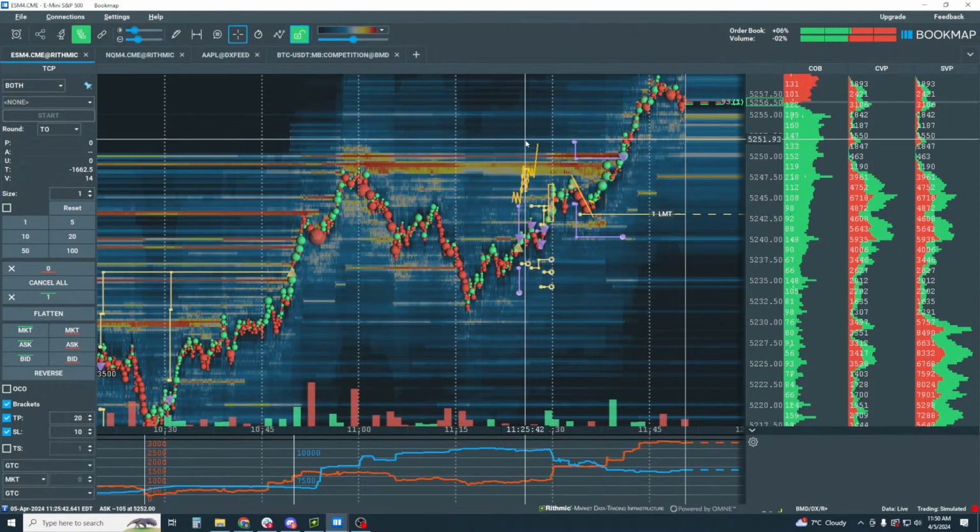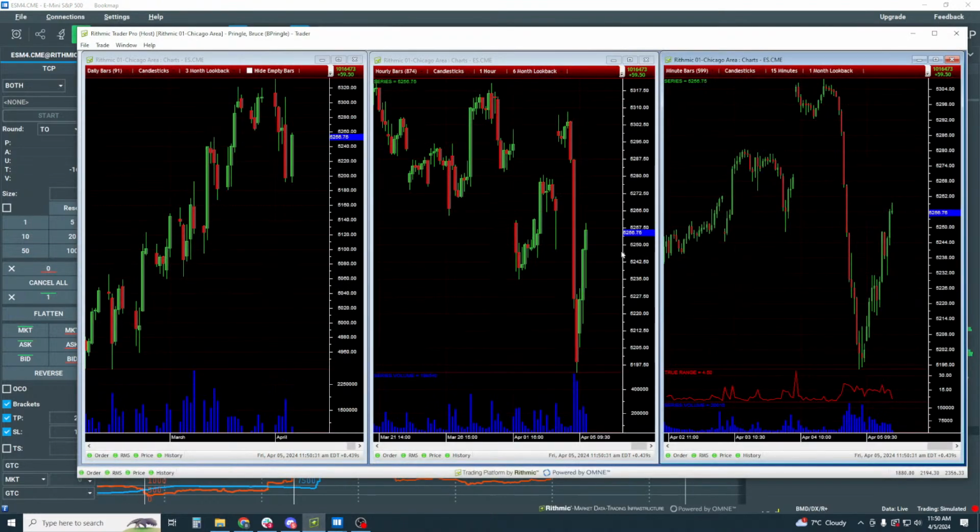Let's just go back into the bigger picture here, because it is Friday. This is something to be very careful with on Fridays, because I've been on both ends of this, the positive end and the negative end, of a huge move like we saw yesterday, and then we see low volume on Friday, but it continues to grind higher all day long, right?